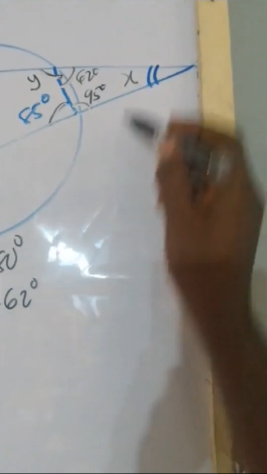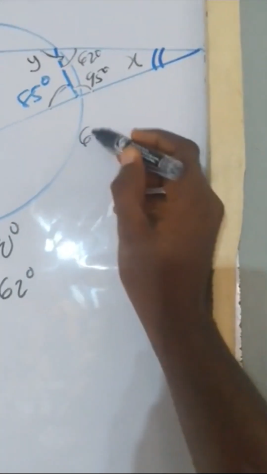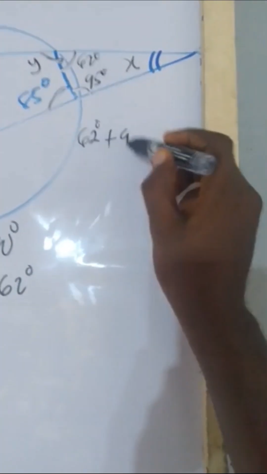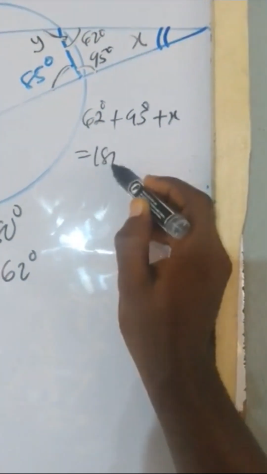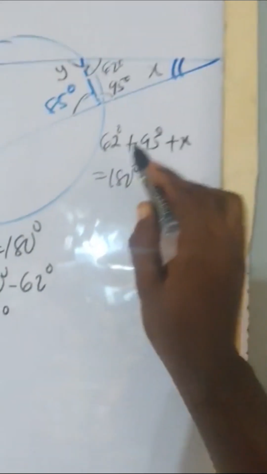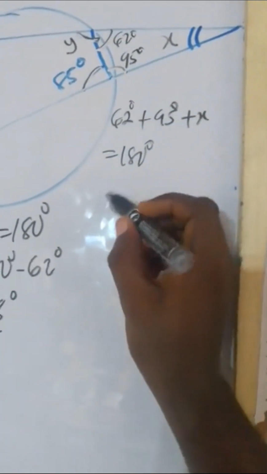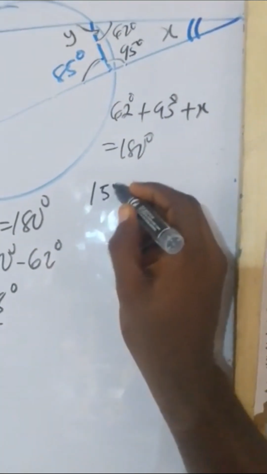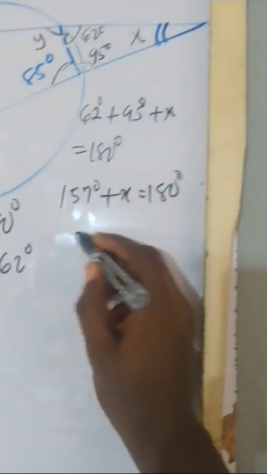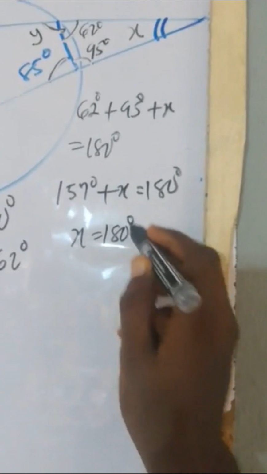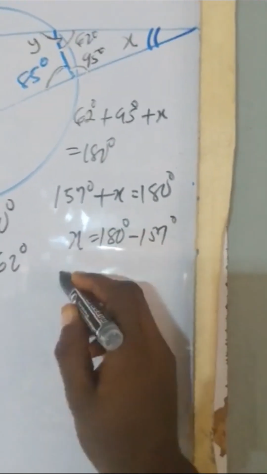So using sum of angles in a triangle, if we add 62, 95 and X, we must get what? 180. So from here, 62 plus 95 will give us what? Plus X equals to? So what's the value of X from here? 23.